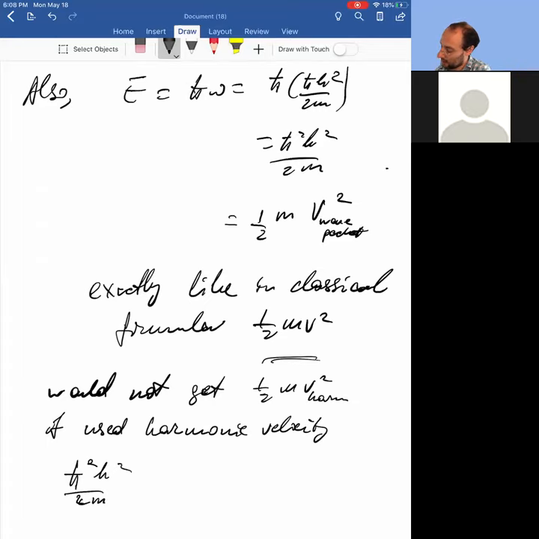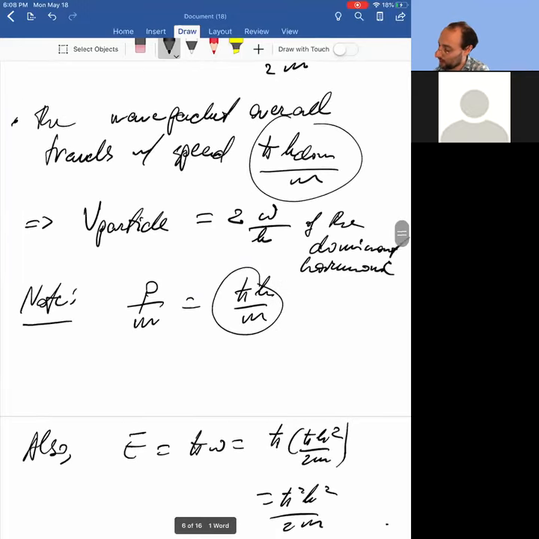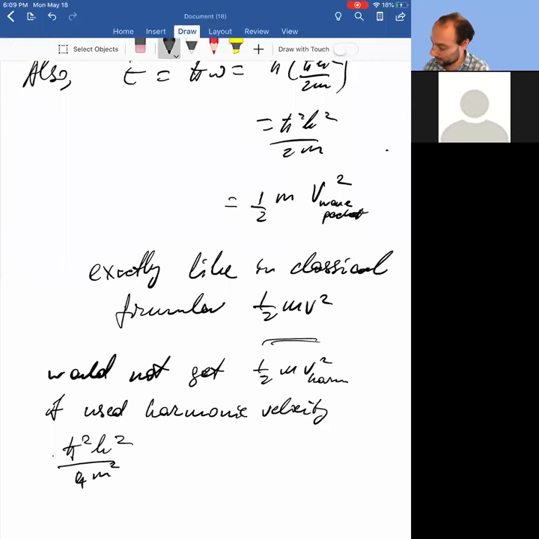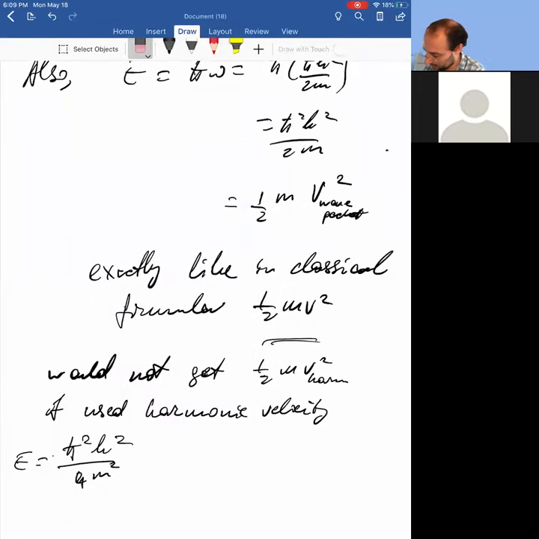And the harmonic velocity is h bar k over 2m.